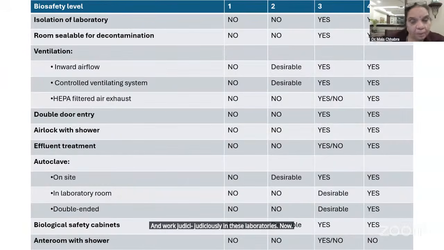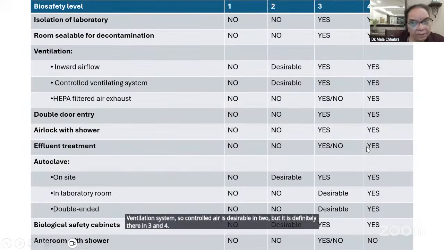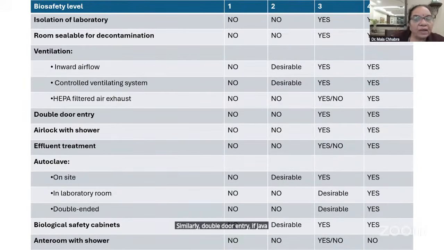Now, this table summarizes whatever we have discussed on biosafety levels 1, 2, 3, and 4, based on isolation: is the room sealable or not. So 3 and 4 are sealable. Ventilation system: controlled air is desirable in 2, but it is definitely there in 3 and 4. Similarly, double door entry, which I've explained, is in 3 and 4. Airlock with shower, 3 and 4. Effluent treatment, definitely in 4, desirable in 3.